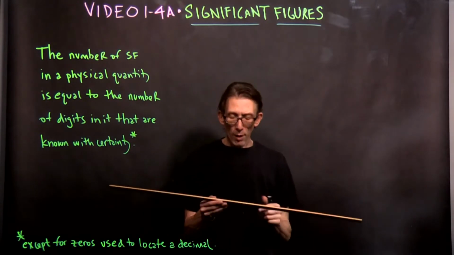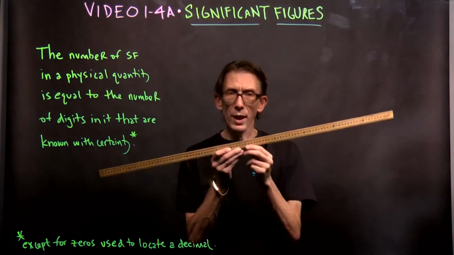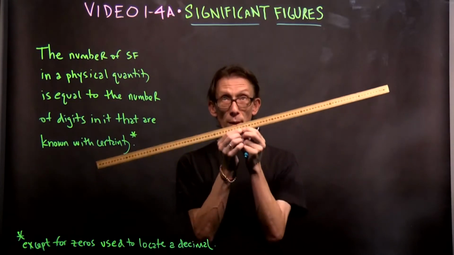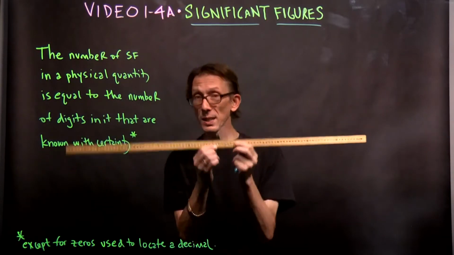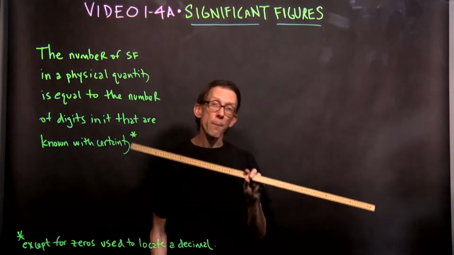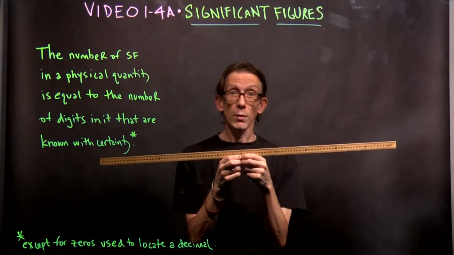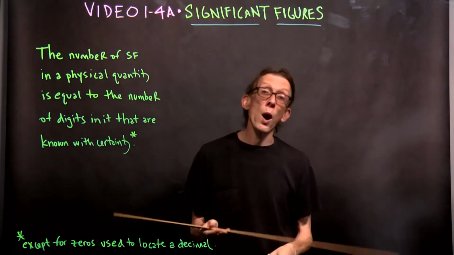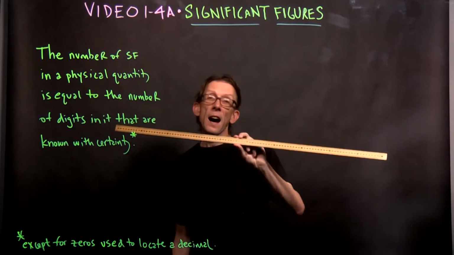Well, I can't measure this with a meter stick to very great precision. The best I can do is to get it down to about 1 or 2 millimeters. So I might get a width of 1.455 meters.